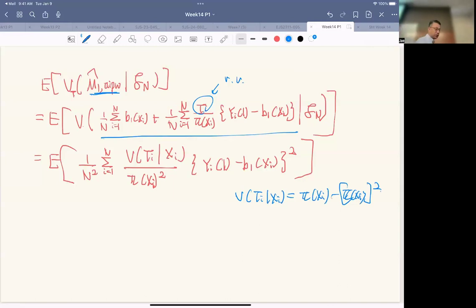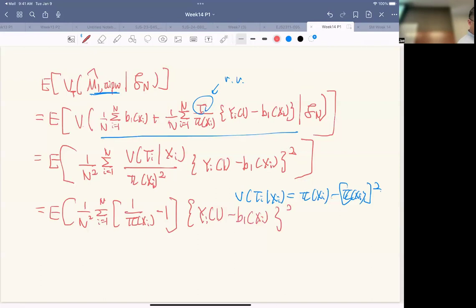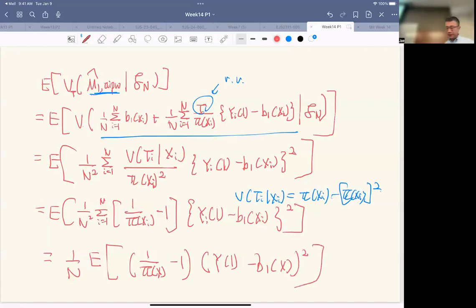So you can write it as 1 over n times the expectation of (1 over pi(x) minus 1) times (y1 minus p1(x)) squared. That is the second term.